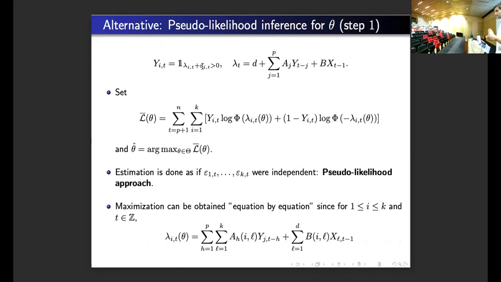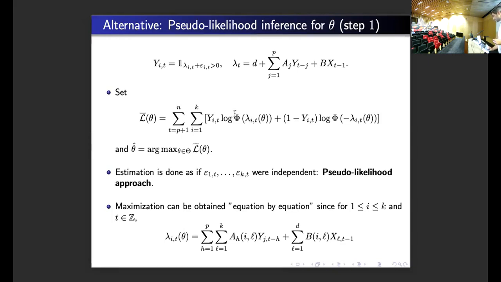If it is not the case, it's not important: it's simply the likelihood under a wrong assumption. But in fact, it works. It's sufficient to identify the parameter. This is a classical example of a pseudo-likelihood method, that is, it corresponds to the likelihood under a very specific scenario of independence.